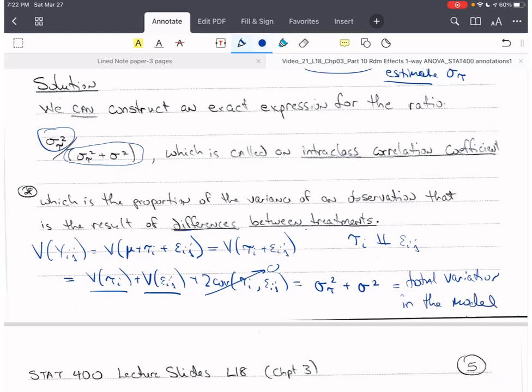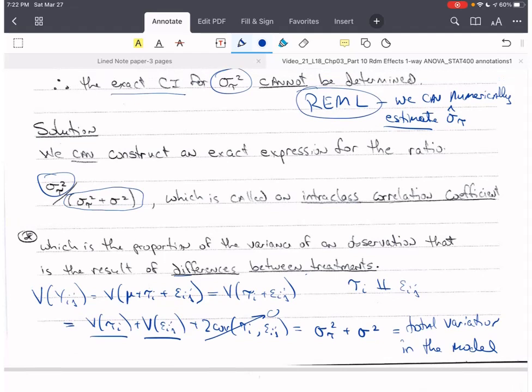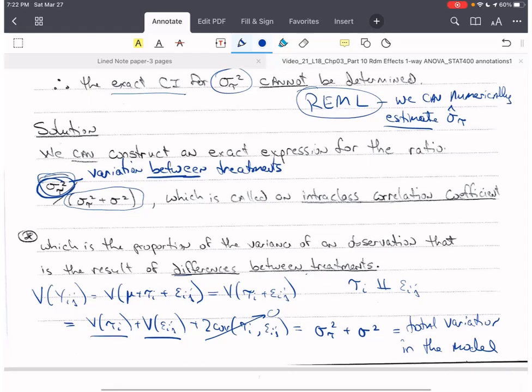Okay? So what we're doing is we're calculating this proportion. And sigma tau squared is the variation between treatments. Okay, between treatments. So we're finding the proportion of variation between the treatments to the total variation in the model.